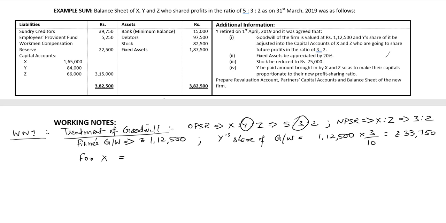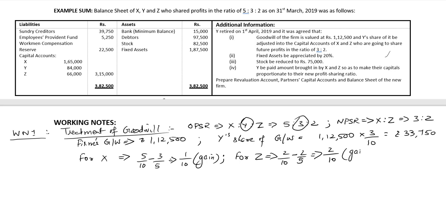Let's find out the gain or sacrifice of partner X and partner Z. In the case of X, the old share is 5/10 minus the new share 3 divided by 5, which is negative 1 by 10. X gains 1 by 10. For partner Z, old share 2 by 10 minus the new share 2 divided by 5 is equal to negative 2 divided by 10, and Z gains 2 by 10.